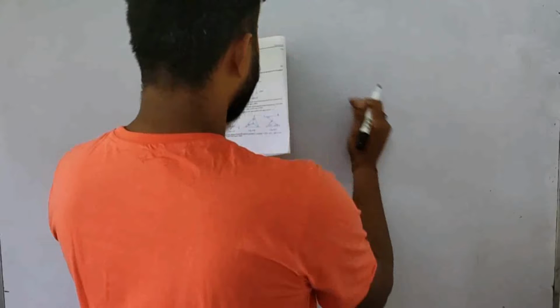Okay, so exercise 6.3, question number 1. Draw the diagram. The diagram is given in figure 6.39.